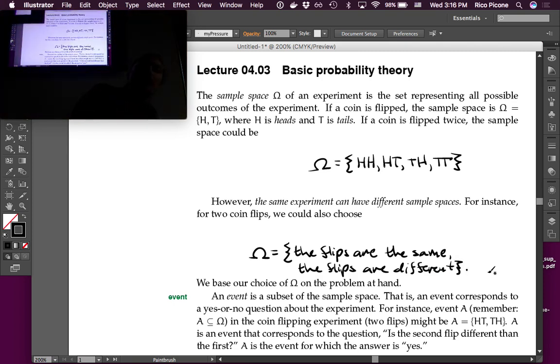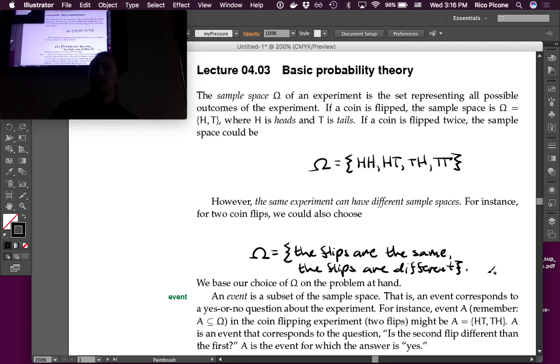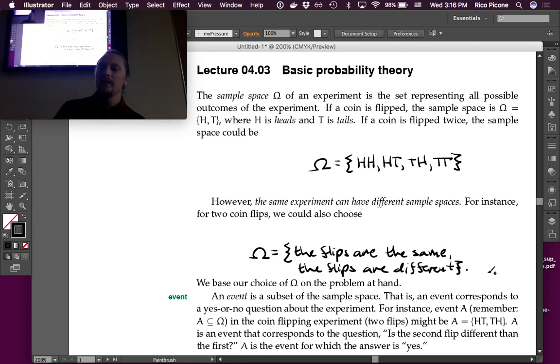We base our choice of omega on the problem at hand. So maybe we care about evenness or oddity of a roll of the dice, or maybe we care about the sum of the numbers, or maybe we care about what each individual one came out to be numerically, or maybe in this case we care about if they're the same or they're different.